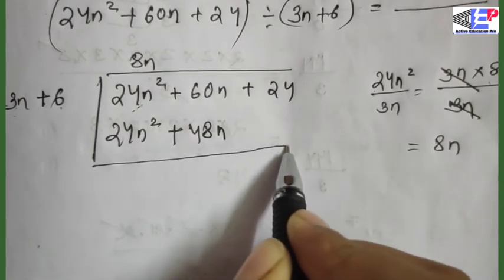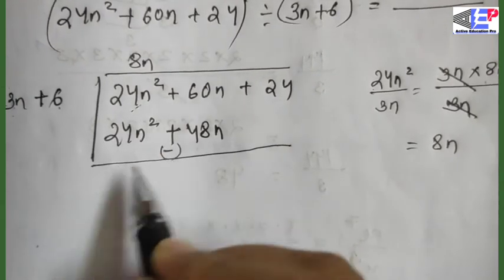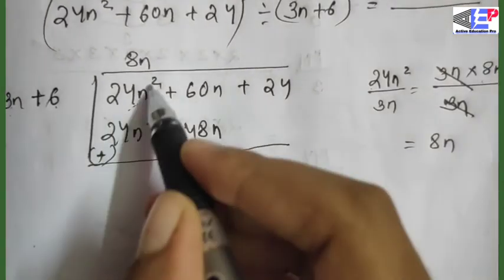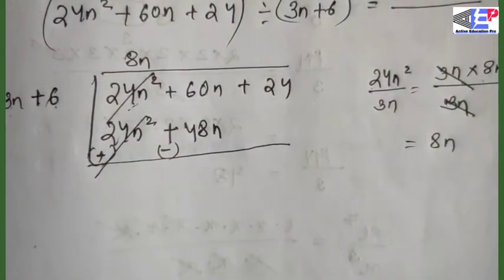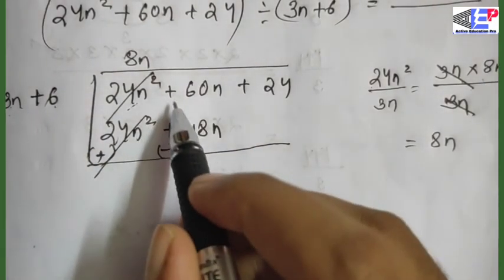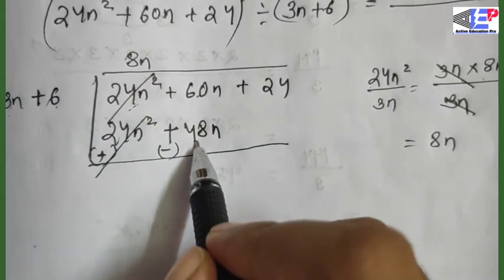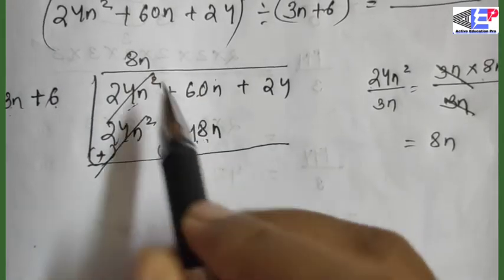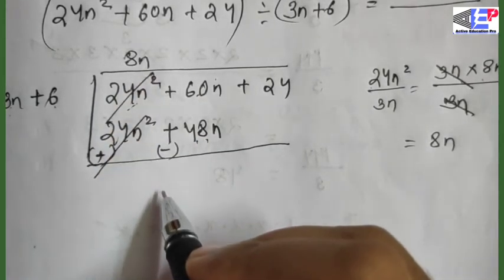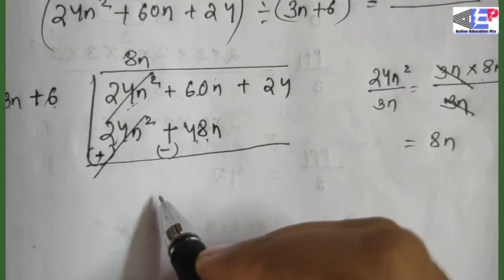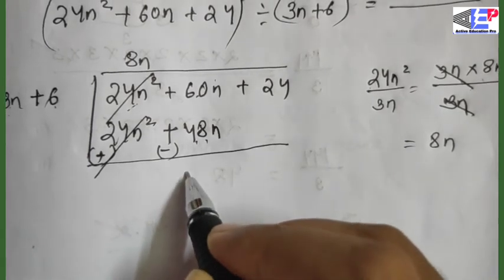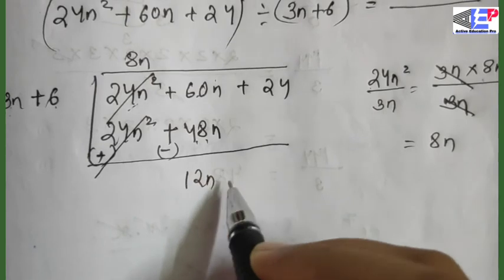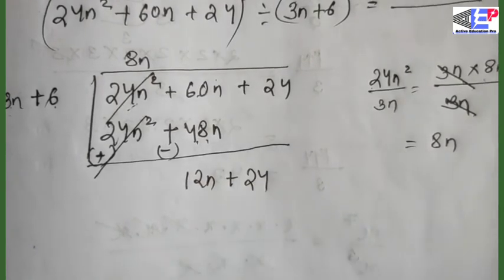Division means a special type of subtraction, so change the sign. It will cancel. 60n minus 48n: 60 is greater than 48, so the sign is plus, and there is no need to put a positive sign. Then the answer will become 12n plus 24.